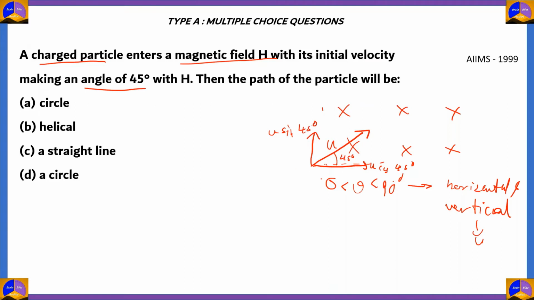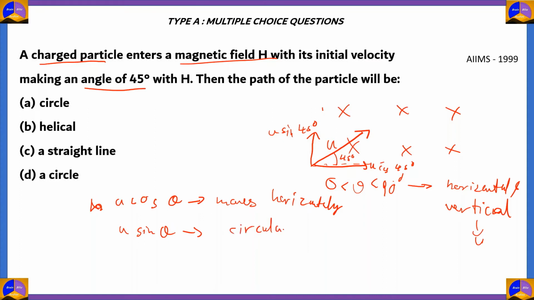So u cos theta will ensure that this particle moves horizontally. And u sin theta will give it a circular path. So we have two forces at play. One force is pulling the particle forward, the other force is trying to spin it in a circular path.